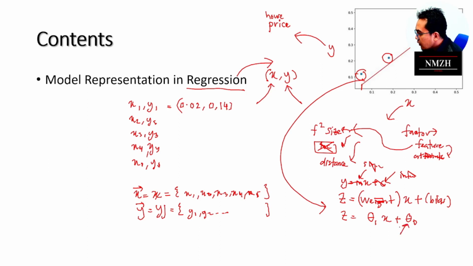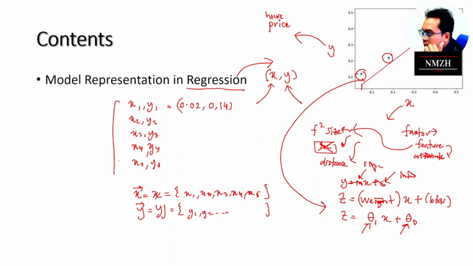This is the intercept and this is the slope, or in machine learning style they call it weight and bias. So slope in the maths theorem, and intercept in the maths theorem, is bias. They are the same thing. That is the idea.